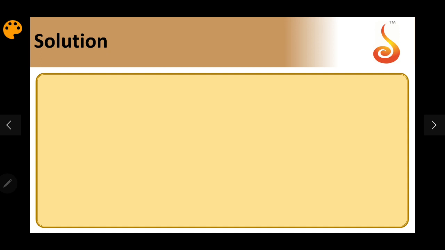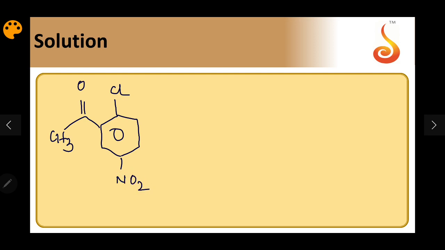The reactant given is, we have a benzene ring, one chlorine, and you have one COCH3 group, and we have one NO2 group, and another cyclic ring, and attached to that we have one cyclic acetal structure. So this is the reactant.